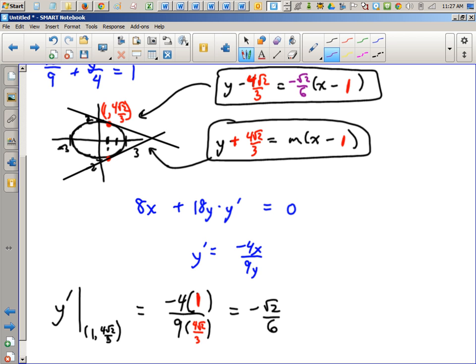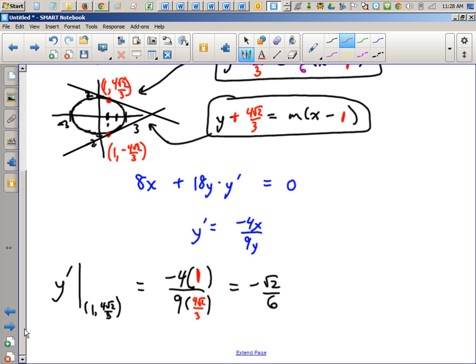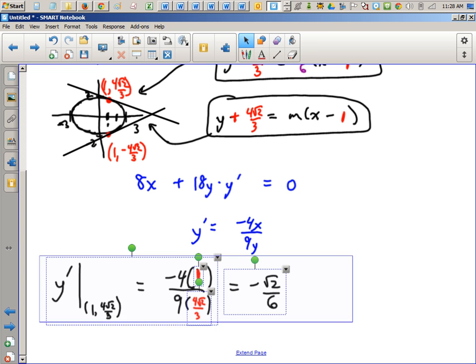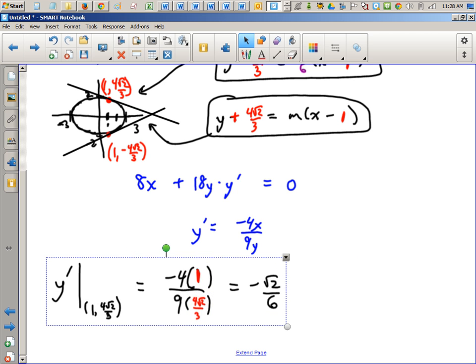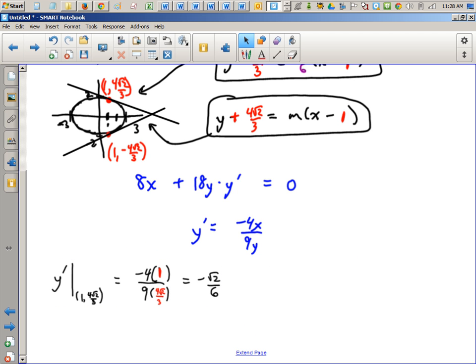And now let's look at the other point. That's this bottom point. The x and y coordinates are 1 and negative 4 root 2 over 3. So we'll have to evaluate the slope there too. Basically just duplicate work of what we just did. This time it's y prime at 1 comma negative 4 root 2 over 3.